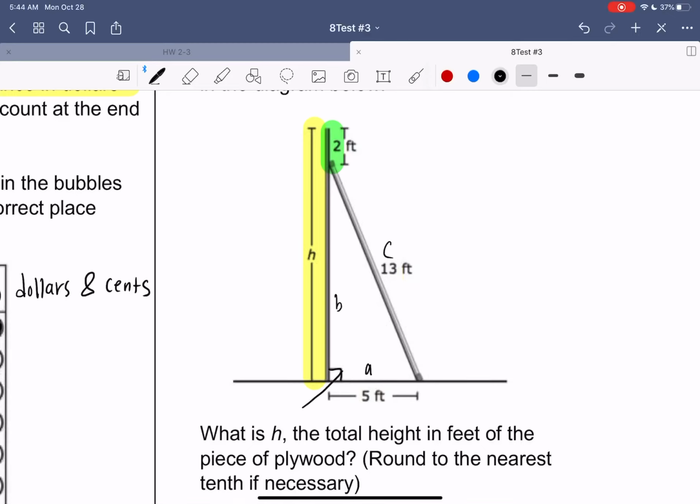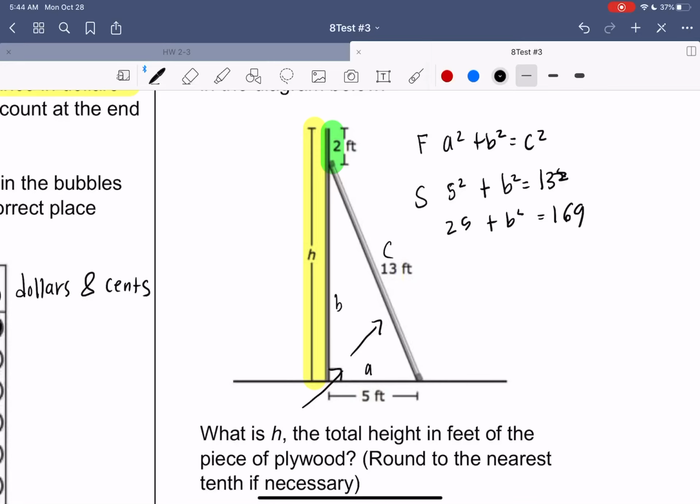So we have A, B, and C, right? The angle always points to the hypotenuse. So our formula, a squared plus b squared equals c squared. When we substitute, we're going to have 5 squared plus b squared equals 13 squared. So we have 25 plus b squared equals 169.